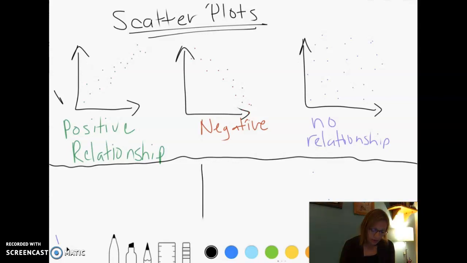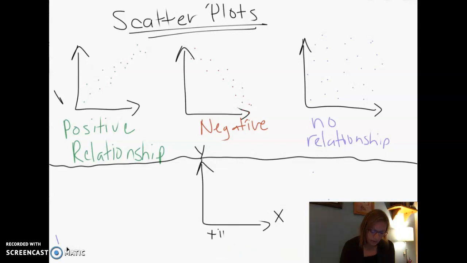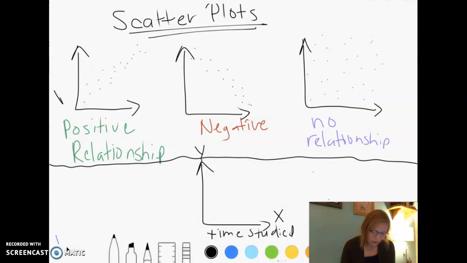If we had a scatter plot and the bottom was time studied and the side of our scatter plot is going to be grade earned, okay? What kind of a relationship would there be between the time somebody spent studying and the grade that they received?